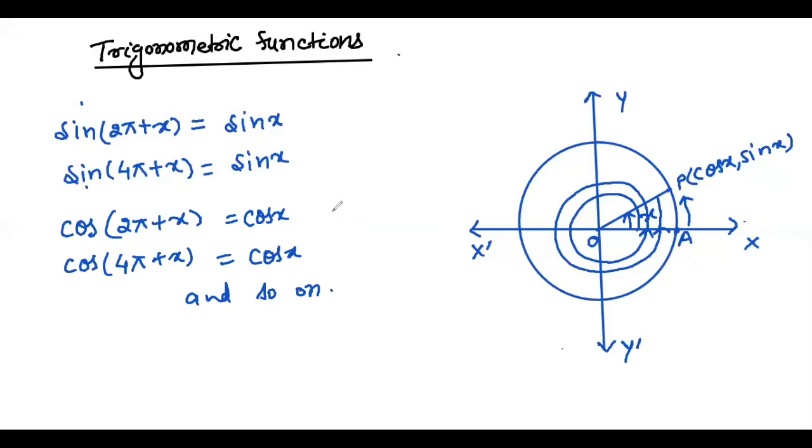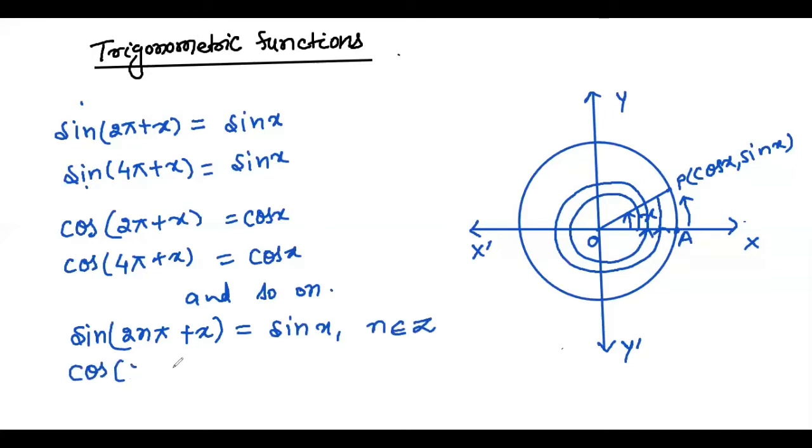So we can write sine of 2n pi plus x equals sine x, where n belongs to integers, and cos of 2n pi plus x equals cos x, where n belongs to integers.